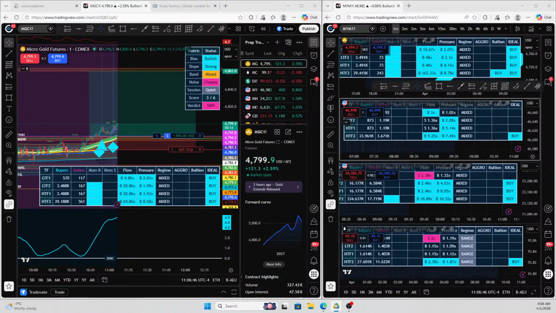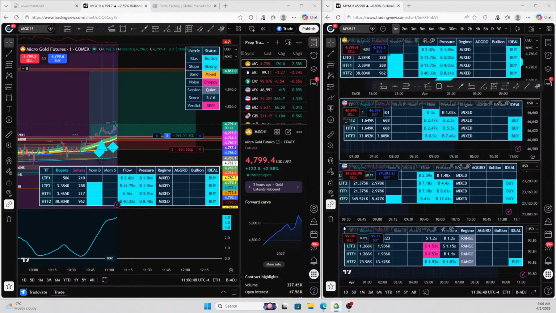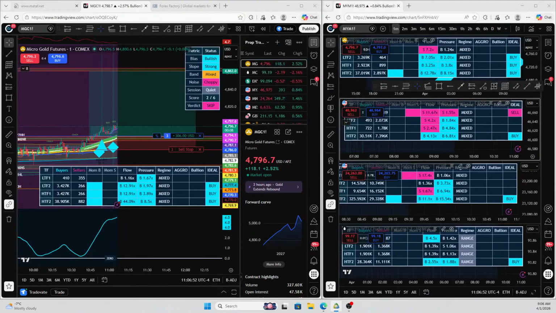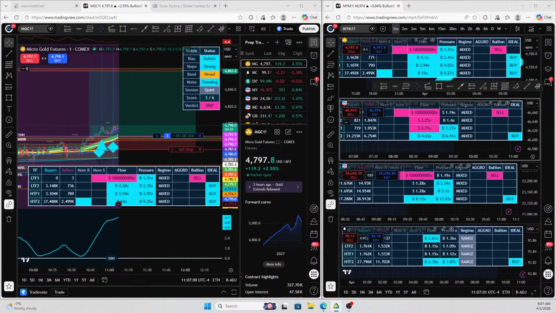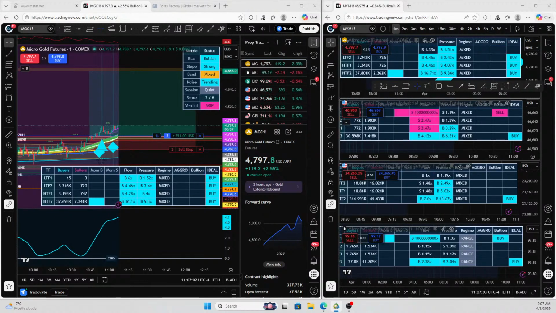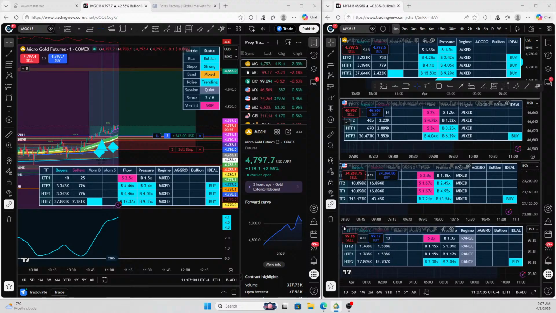Yeah, there's a lot of volume on the buy side. There's no resistance level that we expect to sell. So we expect it to hit the 4862 based on the previous resistance level that we had on the 30-minute. There's no resistance.